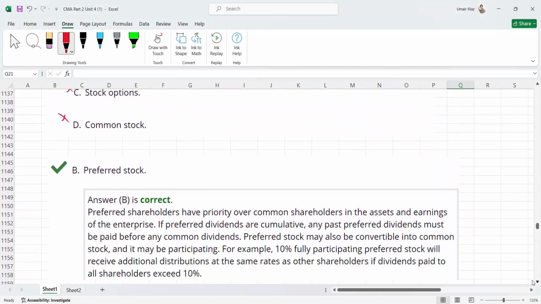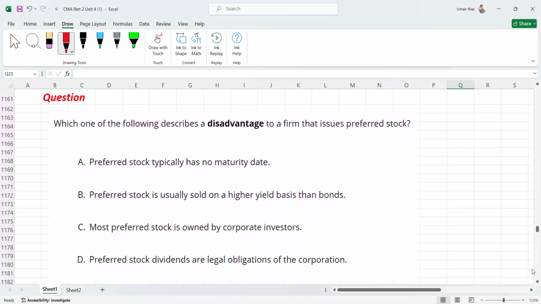Great. We have one more question on your screen. So guys, which one of the following describes a disadvantage to a firm that issues preferred stock? Simply you have to tell what is the disadvantage to the issuer.